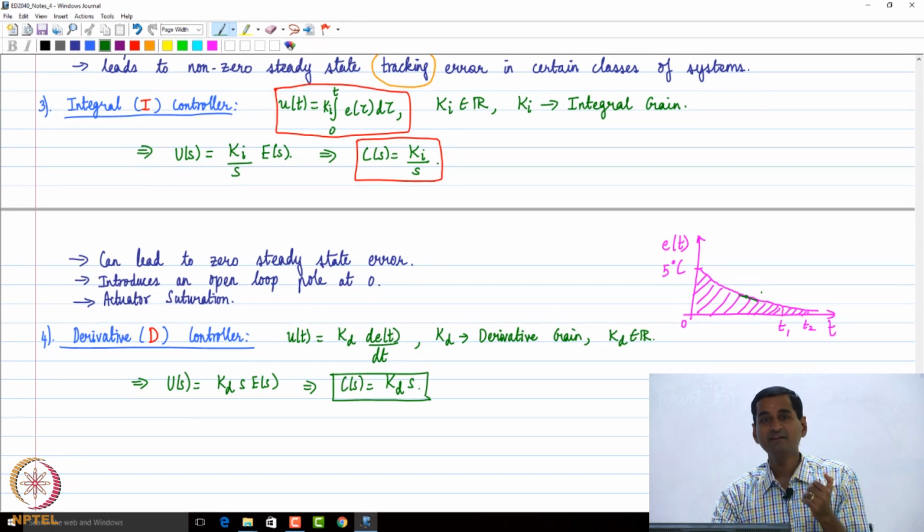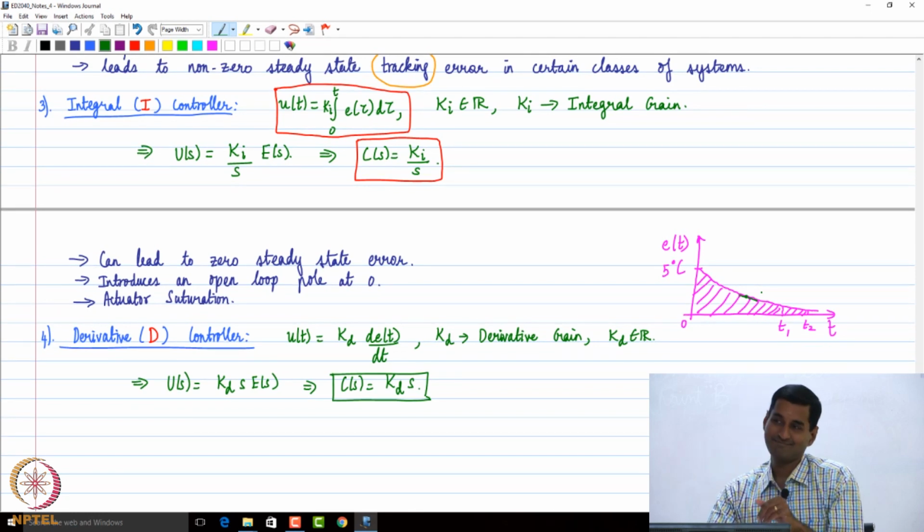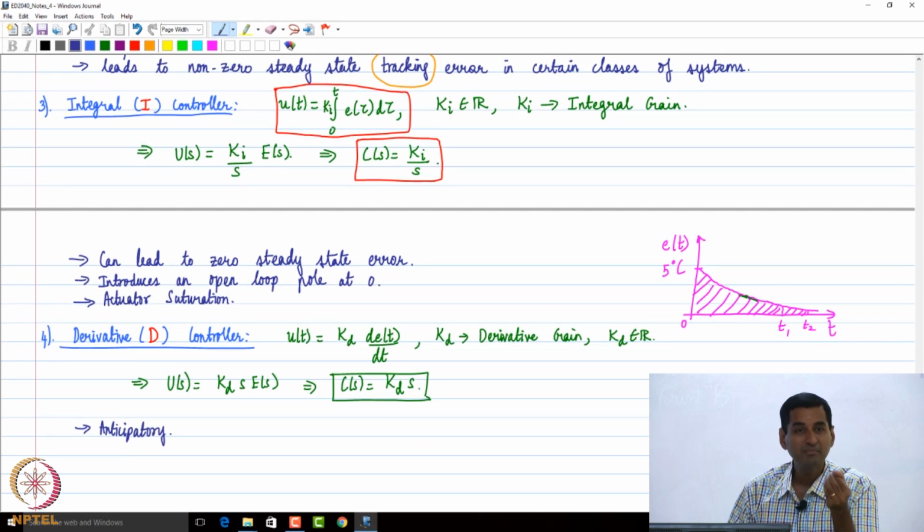The sign and the magnitude of the derivative tell me what is going to happen to the error in the next instant. So in a certain sense, the derivative controller leads to an anticipatory response. It tends to peek into the future and take corrective action.